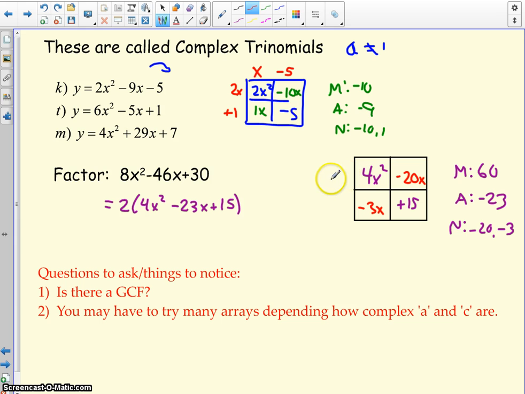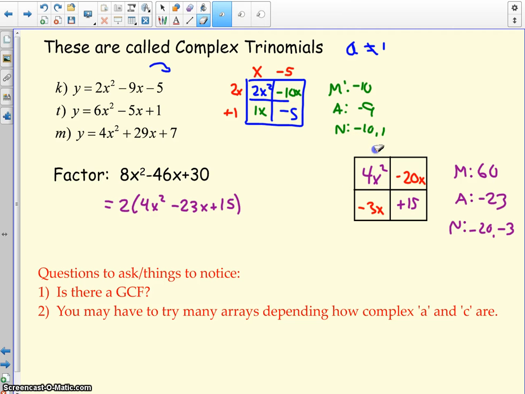And this is again where you might have to try a few different arrays, because your first thought might be for 4x squared to actually try doing 2x and 2x. And it might seem like it would work because 2 goes into negative 20, so you could put a nice whole number here, but 2 does not go into negative 3, not evenly. So you have to put a fraction or a decimal here, and since these are the same, both 2x, you can't flip them around. So 2x and 2x don't work. You have to try a different combination here.